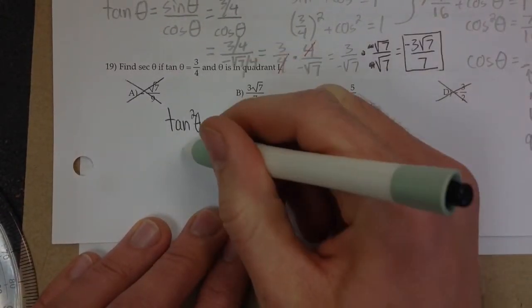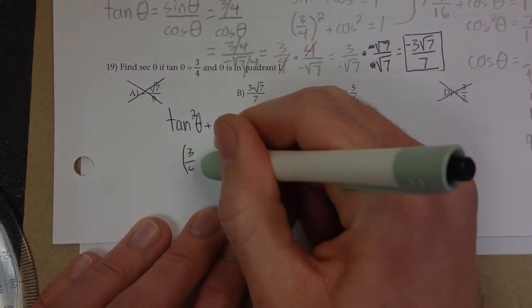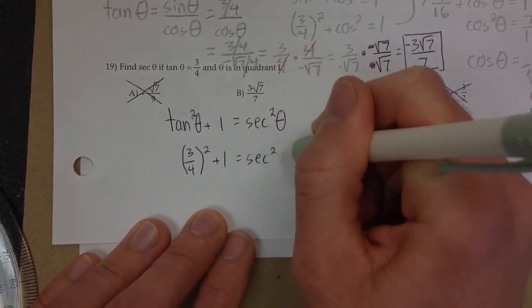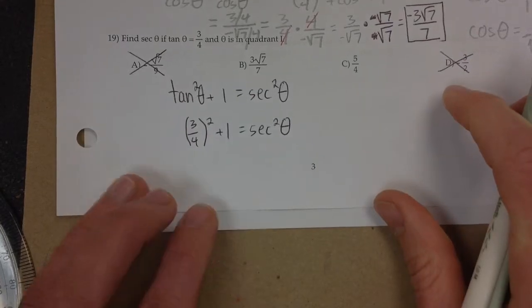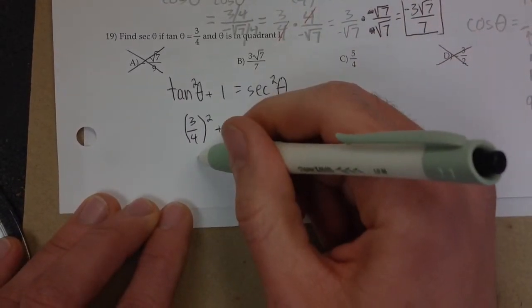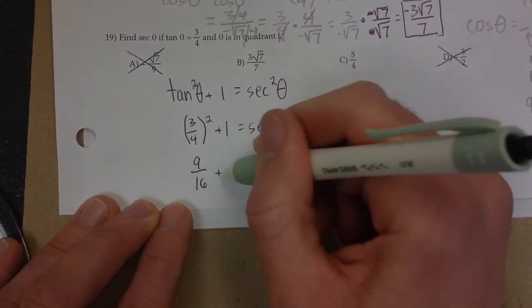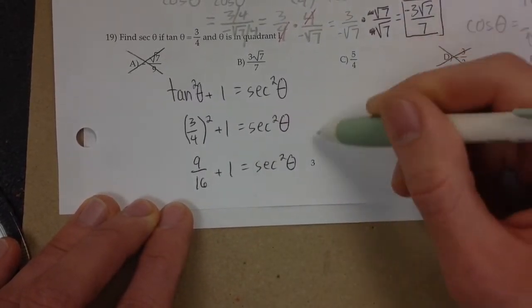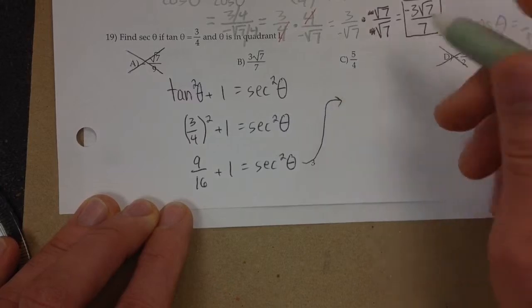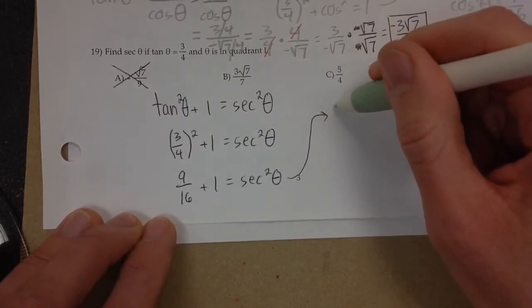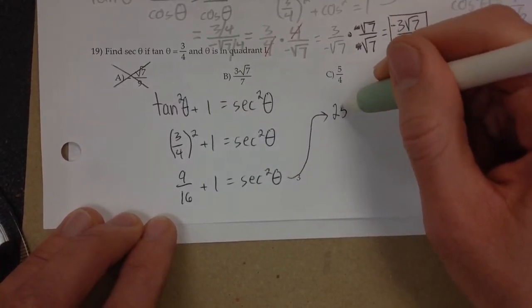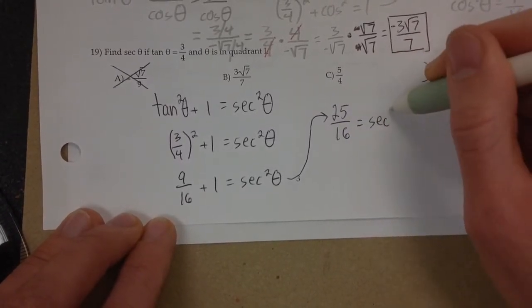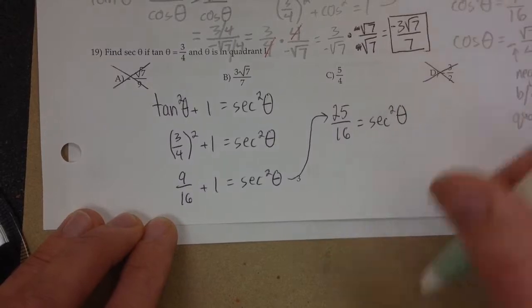Easy. Plug in 3/4 for tangent. The square of 3/4 is 9/16. 9/16 and 16/16 is 25/16. Square root that.